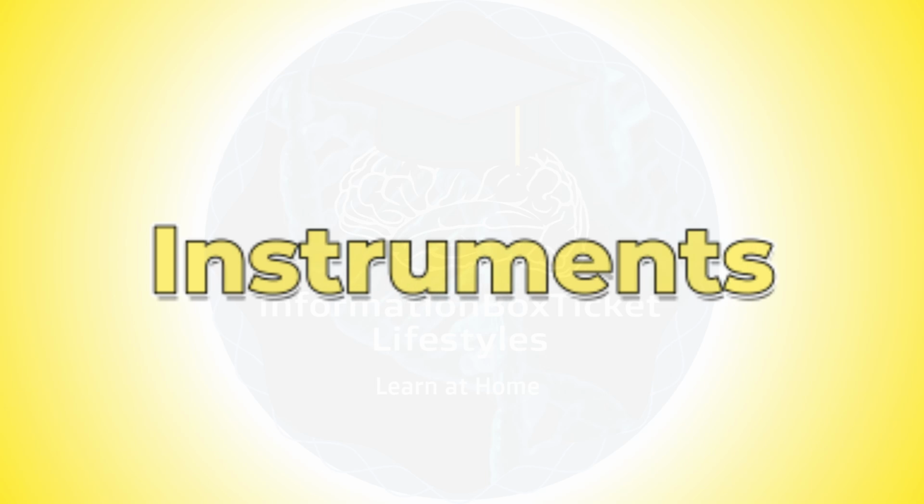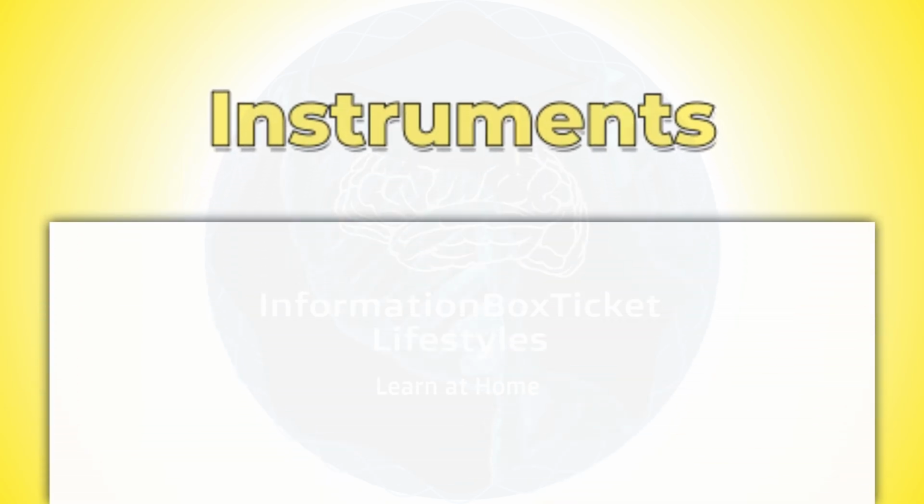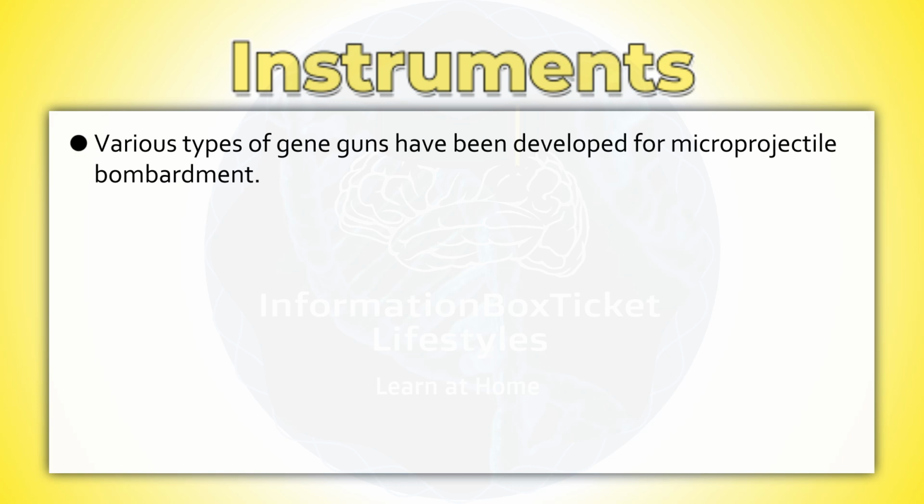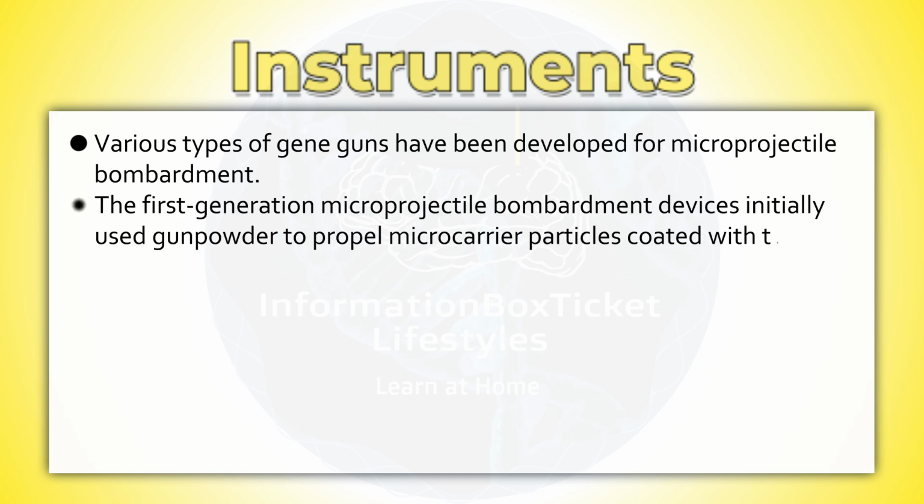Microprojectile bombardment instruments. Various types of gene guns have been developed for microprojectile bombardment. The first-generation microprojectile bombardment devices initially used gunpowder to propel microcarrier particles coated with the desired genetic material.